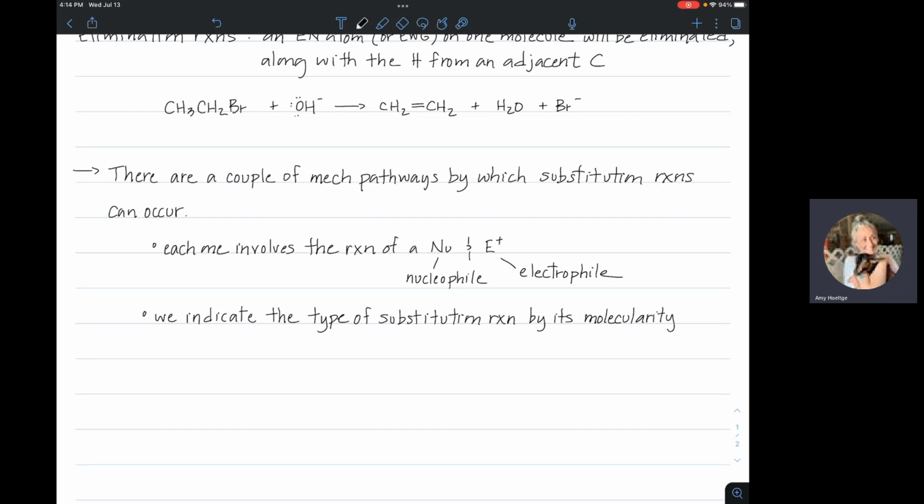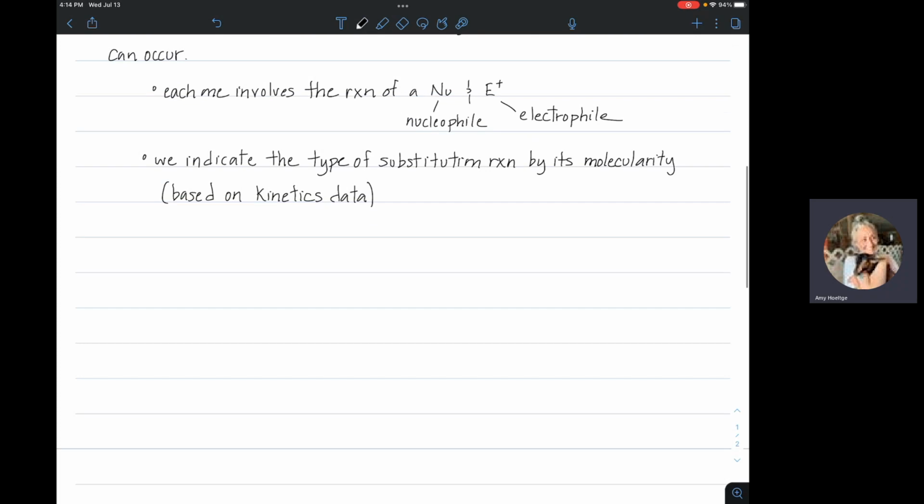And this is all going to be based on data. And that data will be kinetics. So if you remember from Gen Chem, we decided how many molecules were involved in the rate determining step. So the concentration of what reactants are involved in the rate determining step, or the slowest step.